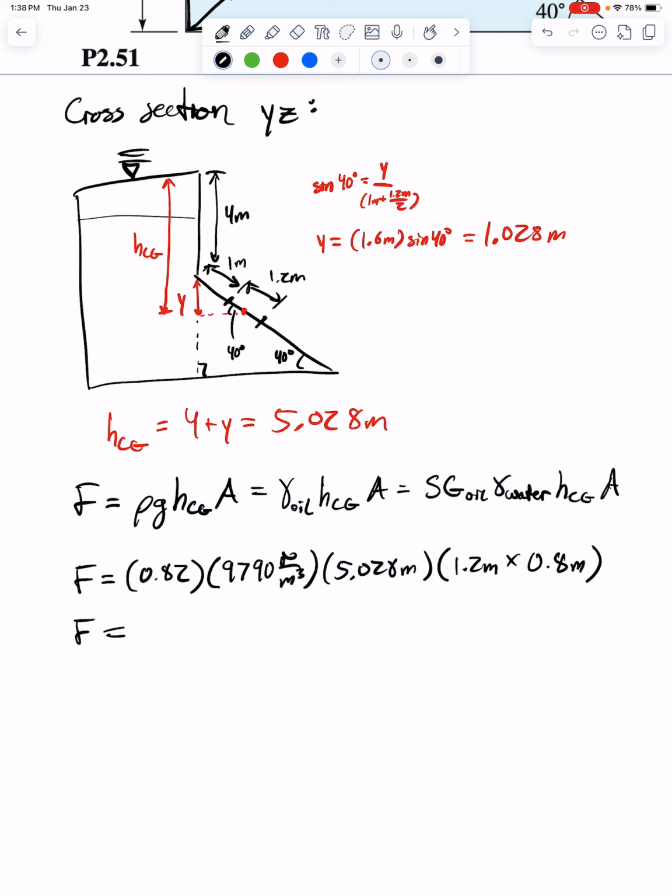For all these terms, I get that the total force being applied at the gate is 38.75 kilonewtons.